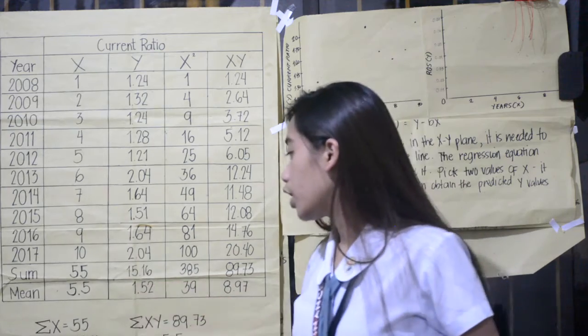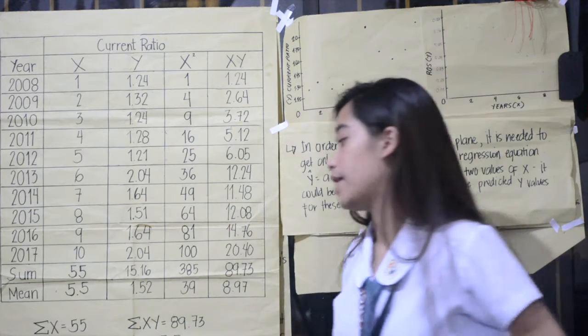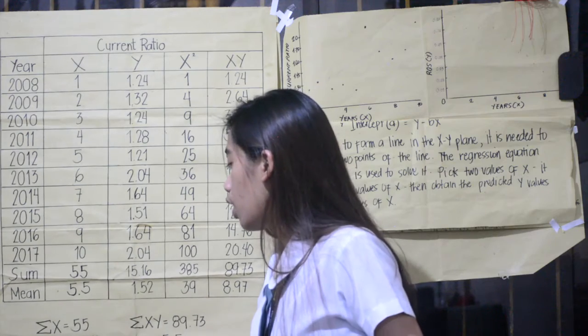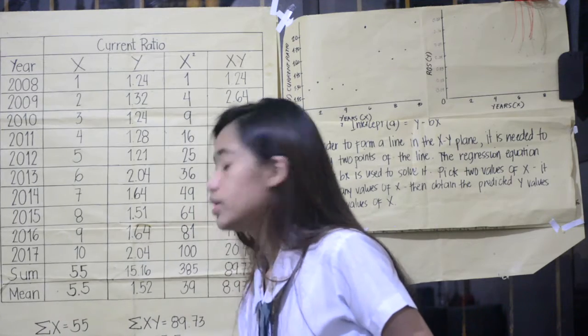So here, to compute the linear regression equation, we must first find the slope and the intercept. By applying the formula of the slope, we will substitute the values that we obtain and we will get the result of 0.0770.